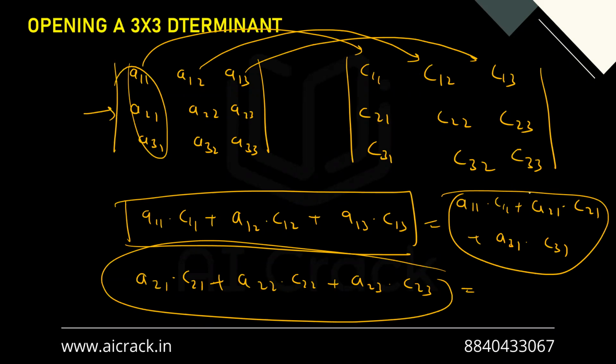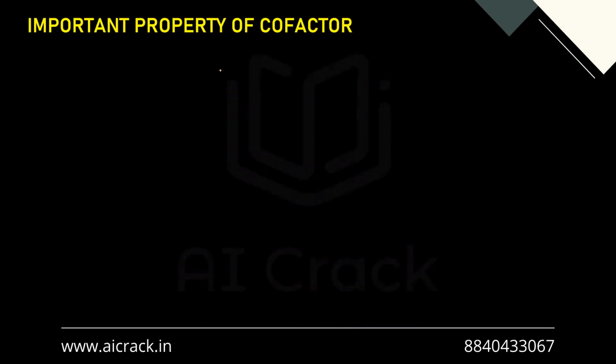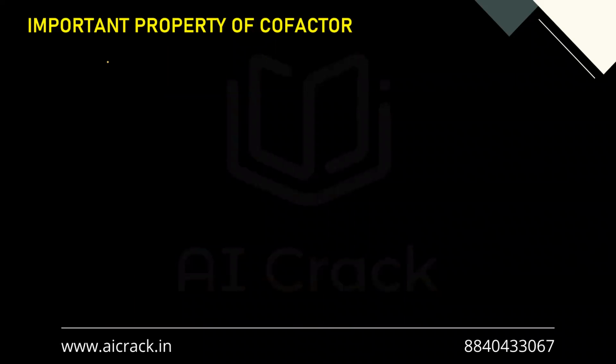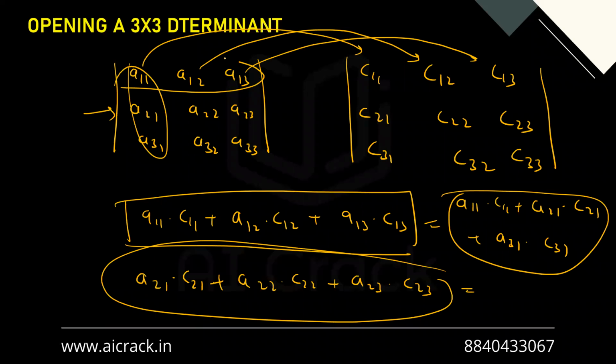Now, the important property about this cofactor: we talked about the products A11, C11, A12, C12, A13, C13, giving us the value of the determinant. What if I do A11 dot C21? Basically, I'm multiplying this row with the second row of the cofactor matrix, not the corresponding row.